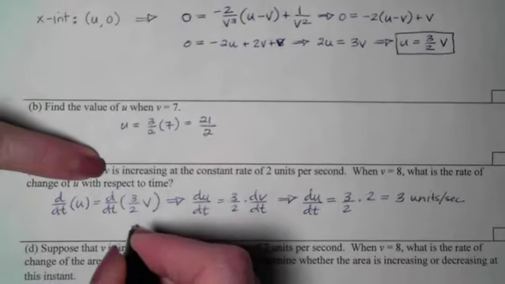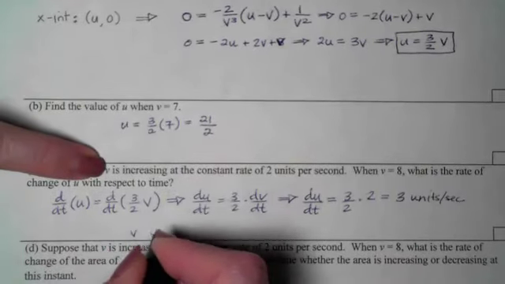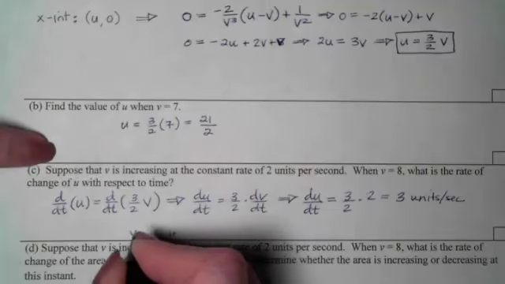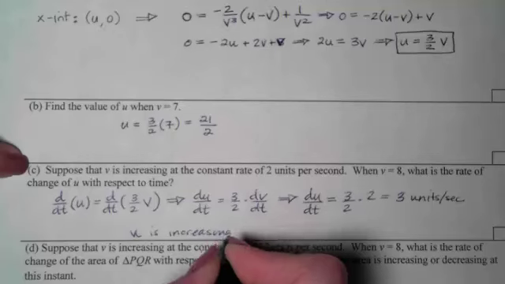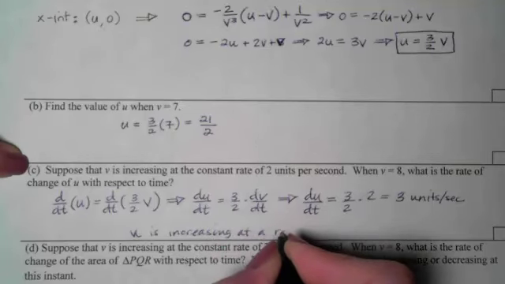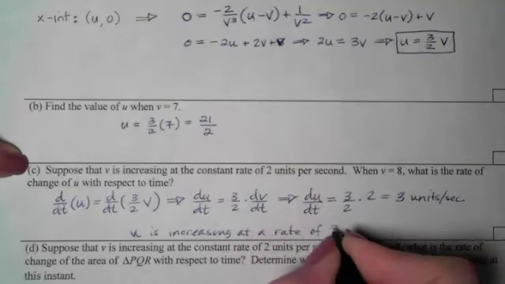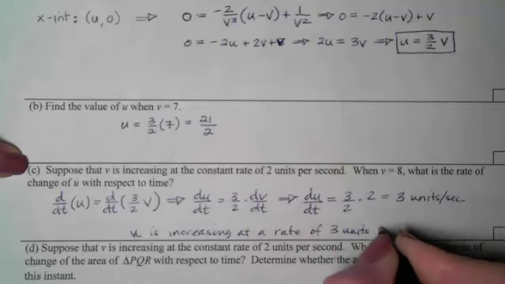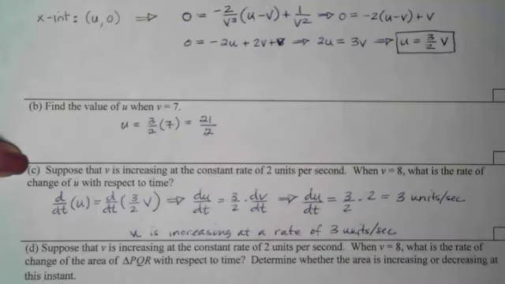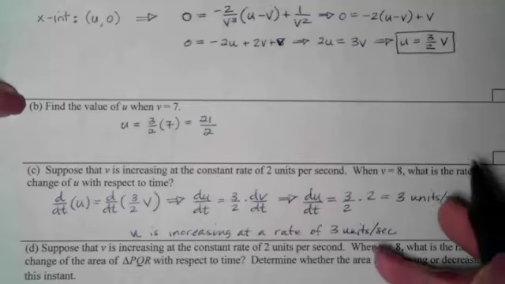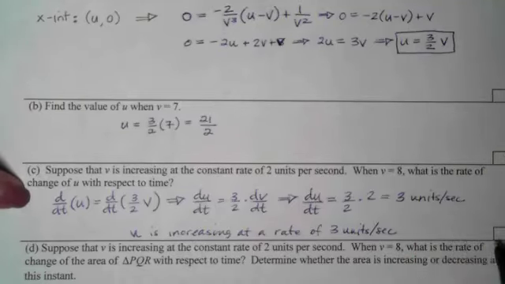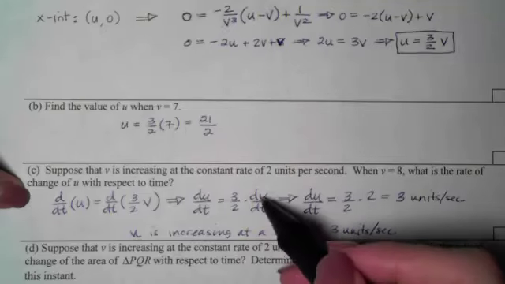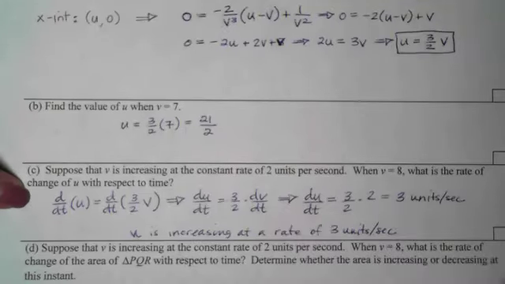The interpretation would be that u is increasing at a rate of 3 units per second. Breakdown on points for B, you get 1 point for the answer. Breakdown on points for C, you again get 1 point for the answer, and you have to use dv dt is equal to 2 in order to get there.